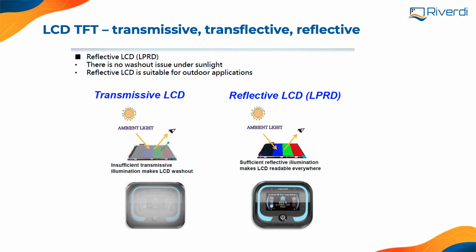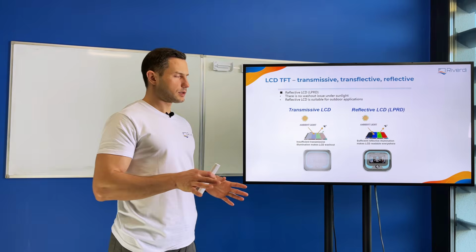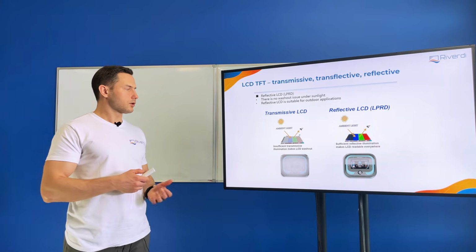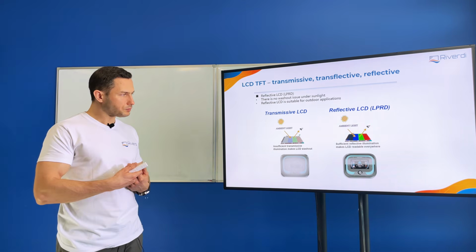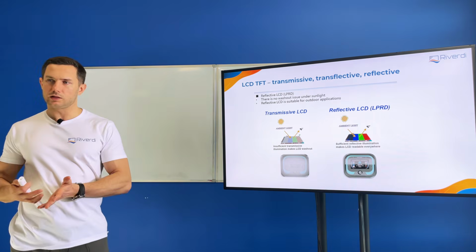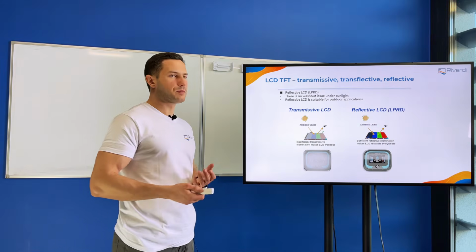Okay, so here we have the display called LPRD, low power refractive display. This kind of display uses the environment light, ambient light, to reflect and still can produce some colors. Of course, as I mentioned, the colors are not perfect, they are not perfectly clear, but this technology is getting more and more popular because it allows a color display in battery powered applications.